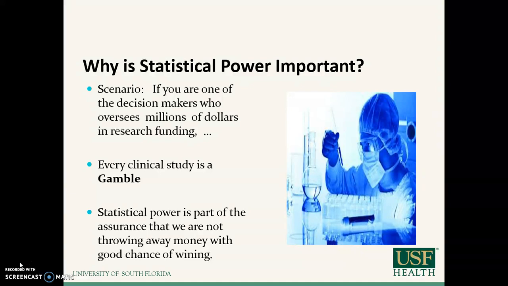In a certain way, every clinical study is a gamble. If you're already so sure about the result, you don't need to do a study. When you start a study, you're uncertain about the outcome, so you're going to gamble. To gamble with millions of dollars of federal funds, you need some assurance. You need some kind of estimation of statistical power. So statistical power is part of the assurance that we are not throwing away money with a good chance of winning.